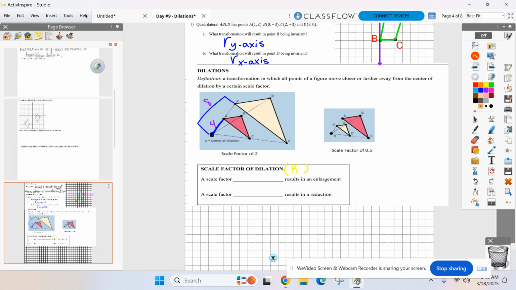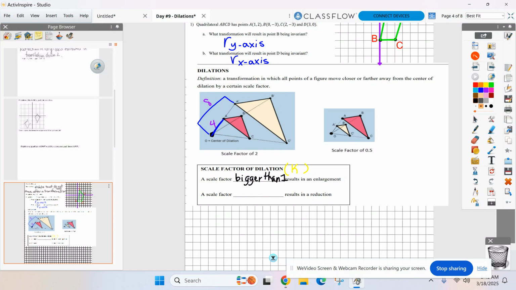So when the scale factor is bigger than 1, that results in the figure getting bigger because what's happening to the points? The points aren't getting bigger, they're getting further away from the center. So when a scale factor is bigger than 1, the points are getting further away from the center.